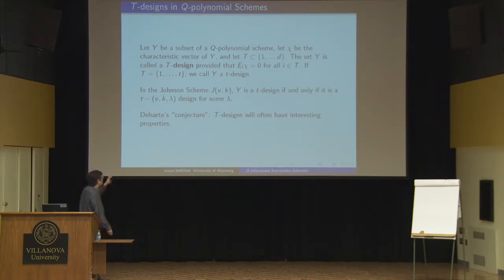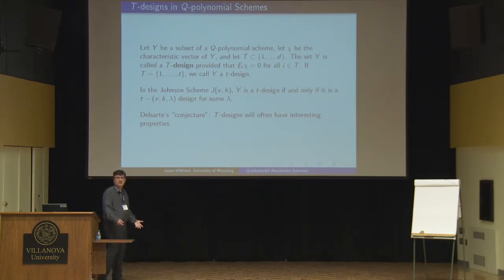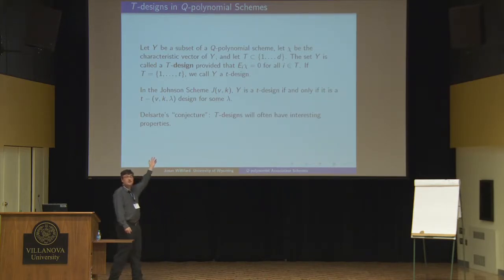And then he looked at many variants of this for other capital T's and could derive other interesting combinatorial structures from that. And from that, he made an, in quotes, conjecture in his thesis, basically explaining his motivation for the general definition up top, that in general, capital T designs will often have an interesting structure.